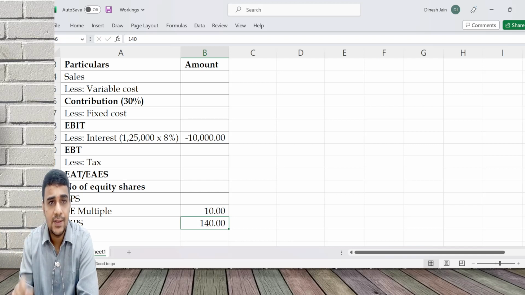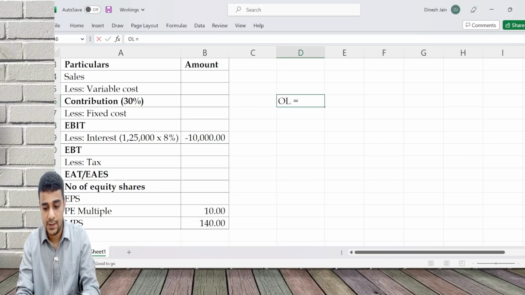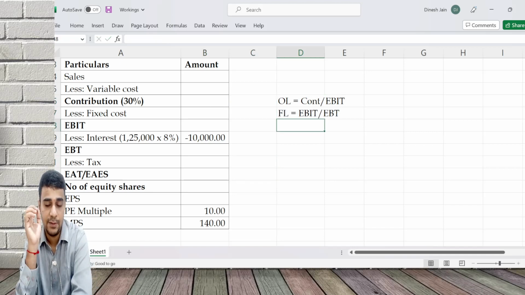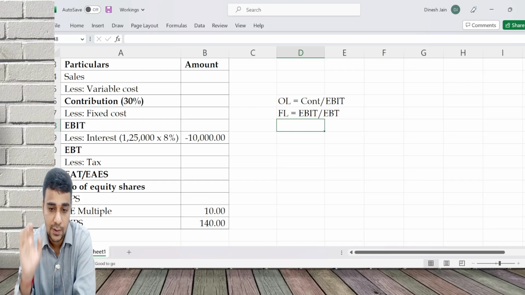Now, in the class, I would have said if leverages are there, the formula for OL is contribution by EBIT. FL in this question is EBIT by EBT. Preference dividend adjustment is not there. Otherwise, the formula is EBIT divided by EBT minus preference dividend divided by 1 minus tax rate. OL is contribution by EBIT. FL is EBIT by EBT.